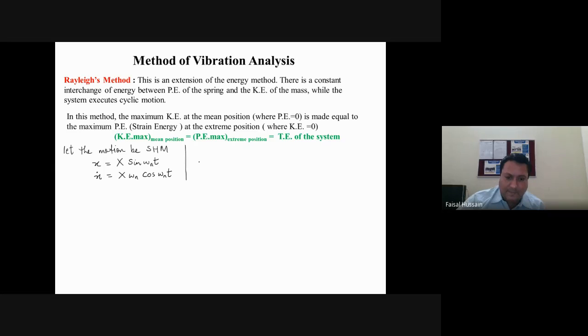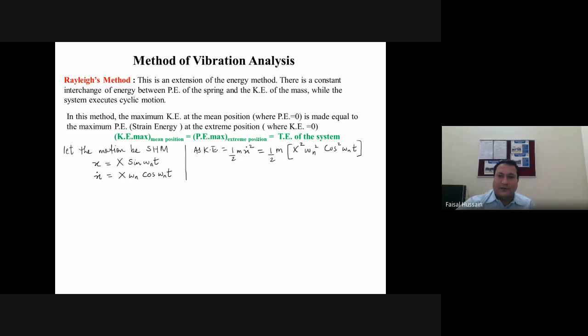Now, the kinetic energy of the system, we have seen, is half m ẋ square. So let us substitute: half m, instead of ẋ, X ωn cos(ωn t). So it will be half m X square ωn square cos square ωn t. So this is the expression.